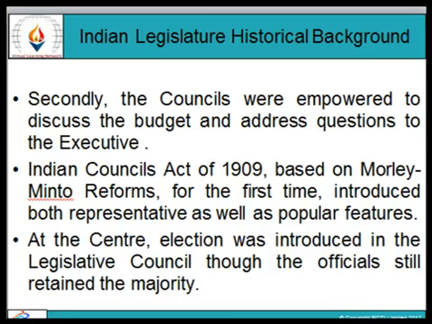Secondly, the councils were empowered to discuss the budget and address questions to the executives.